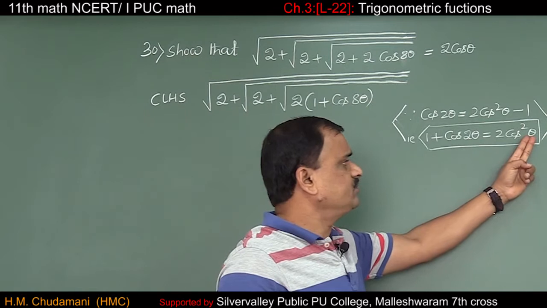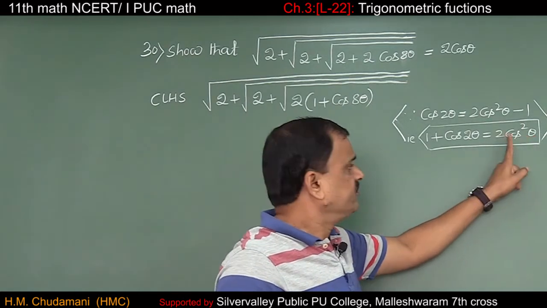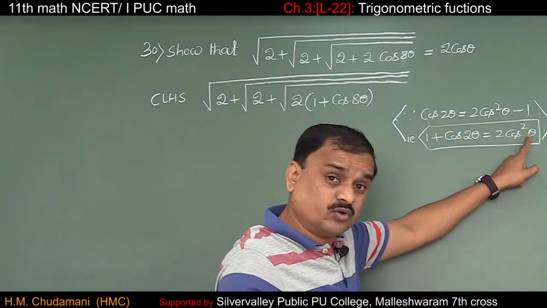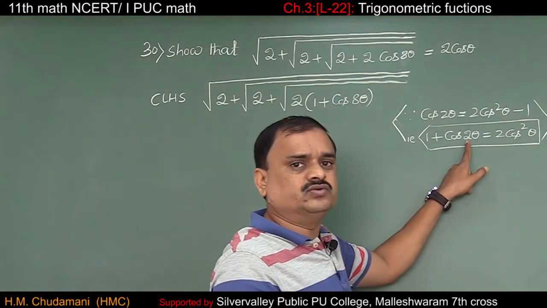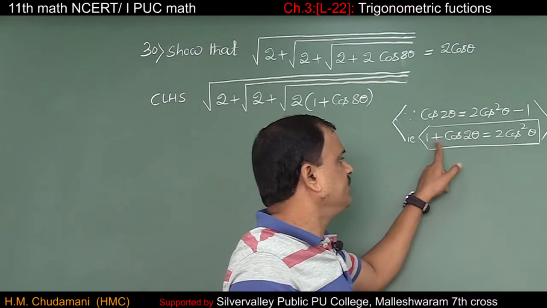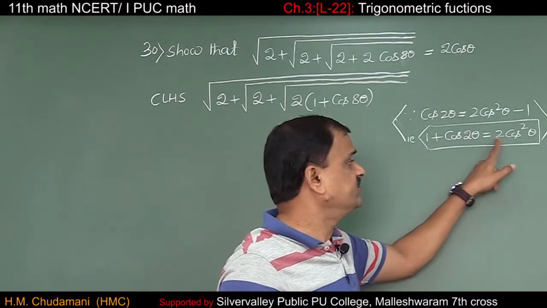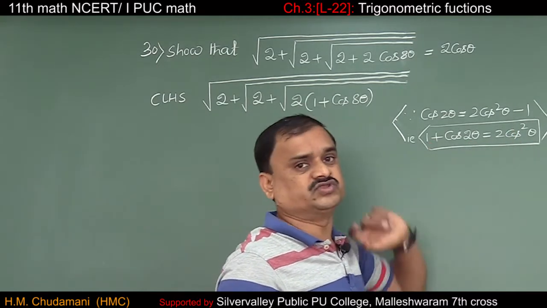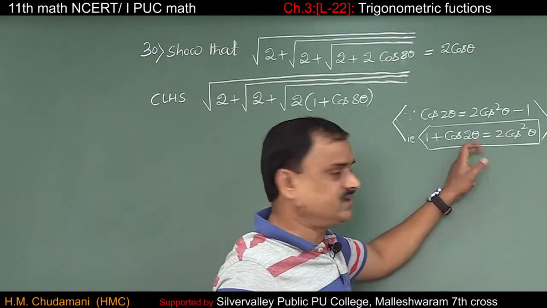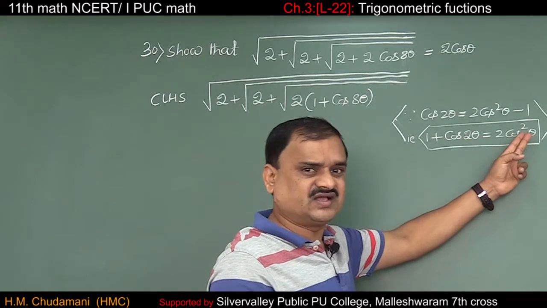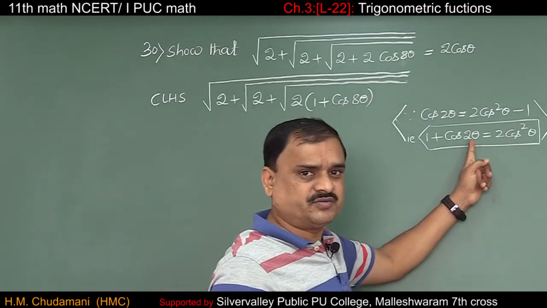This is 2 theta, so half of this. Suppose 2 cos square 2 theta means 2 into 2 theta, 4 theta. That is, 1 plus cos 4 theta means 2 cos square 2 theta. Suppose 1 plus cos 8 theta: where there is 2 theta, it becomes half, 2 theta divided by 2.